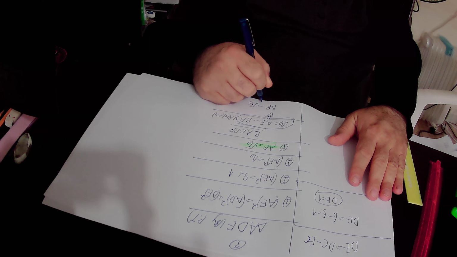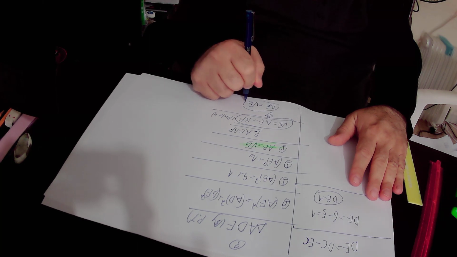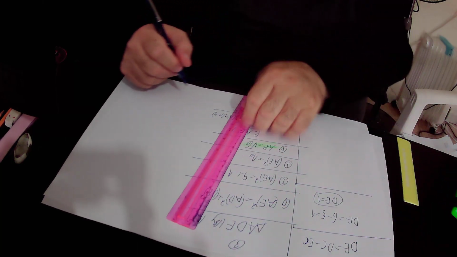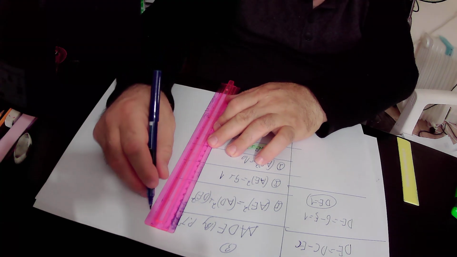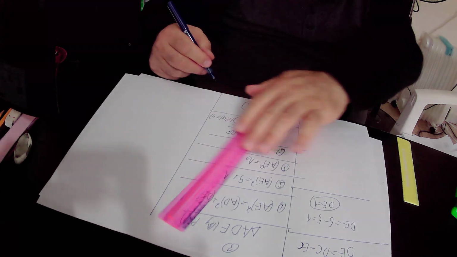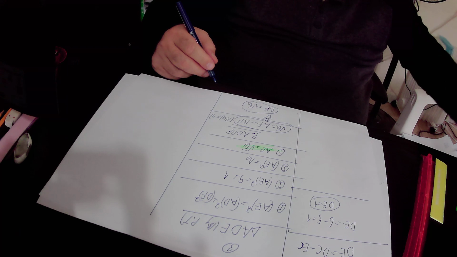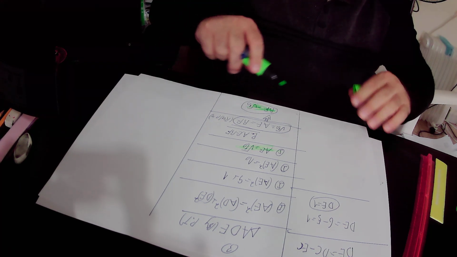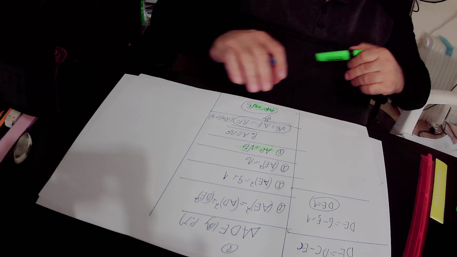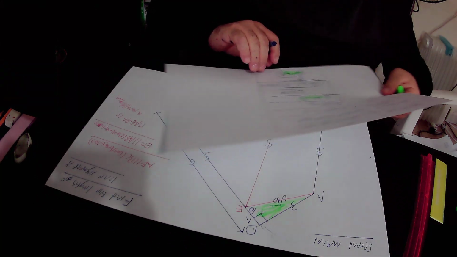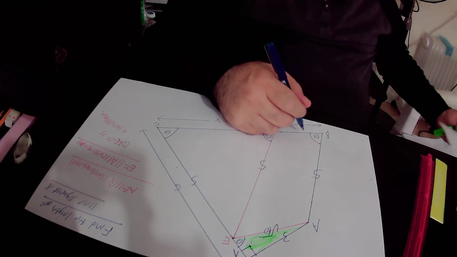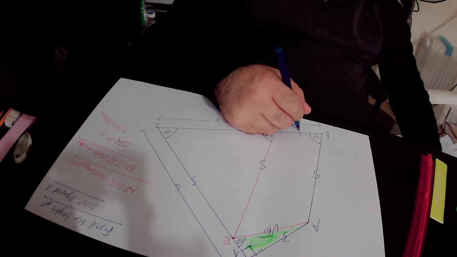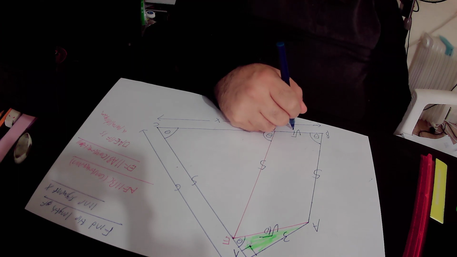Okay? Here, BF equals the square root of 10 units.